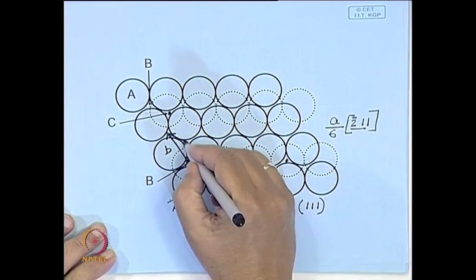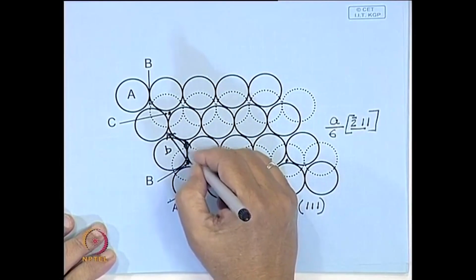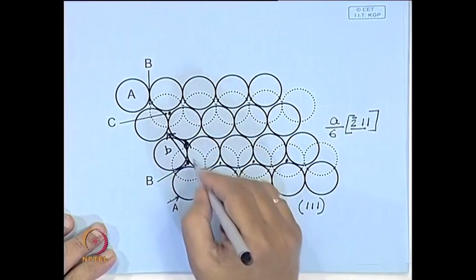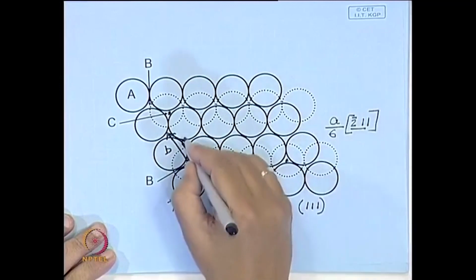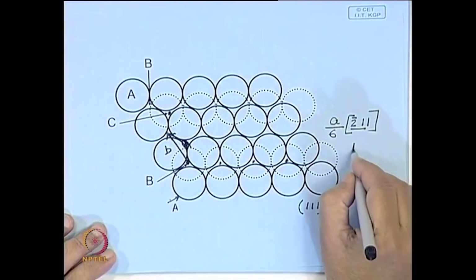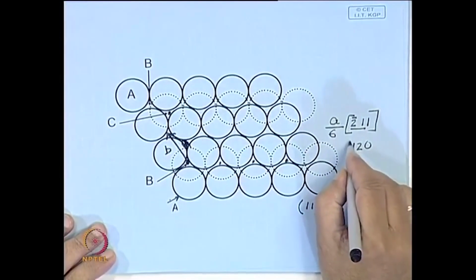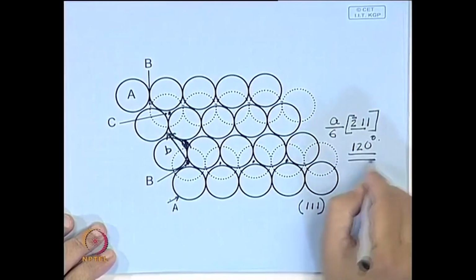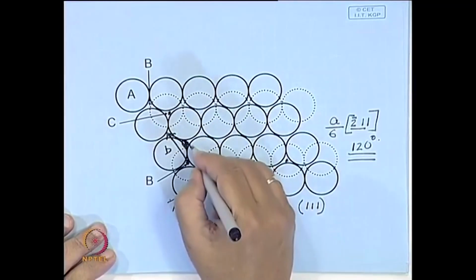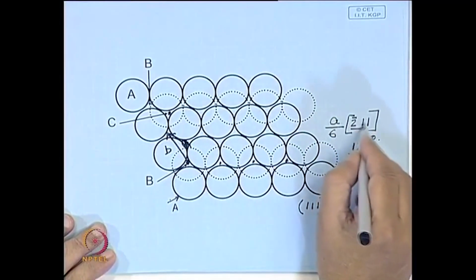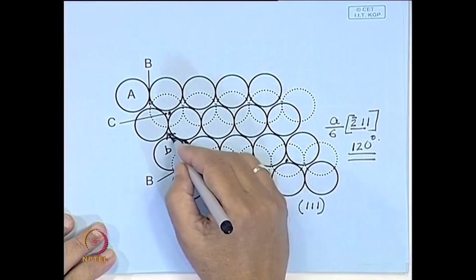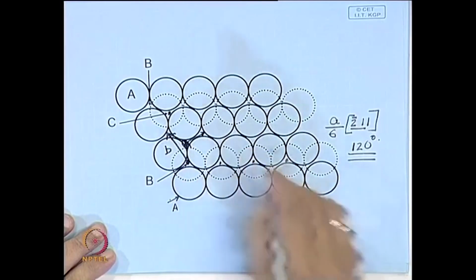Similarly, you can find out this Burgers vector, and you will find that the angle between these two will be 120 degrees. So, on this plane you can have three Burgers vectors of this type, one this, another like this.